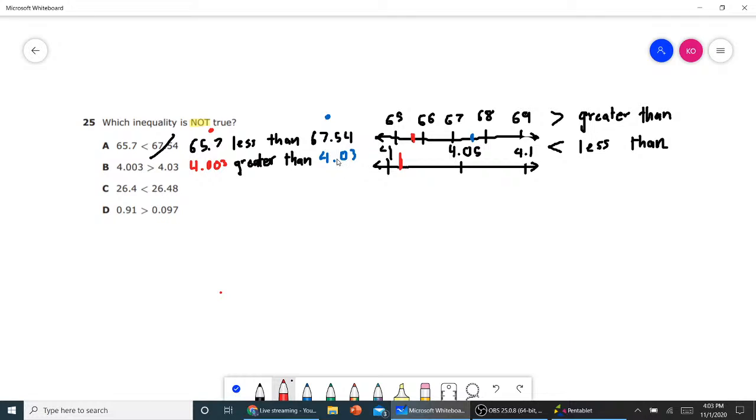And then for blue, 4.03 is less than 4.05, yes, but looking at the decimal, blue would be right here, since by the decimal, its value is higher. So we see that blue is greater than red, or in other words, 4.03 is greater than 4.003.